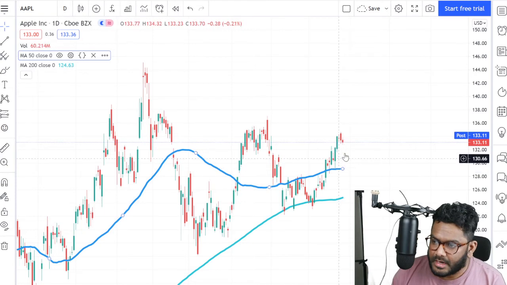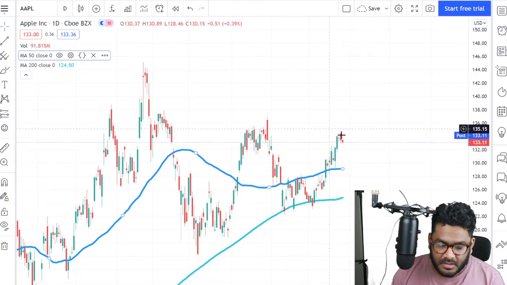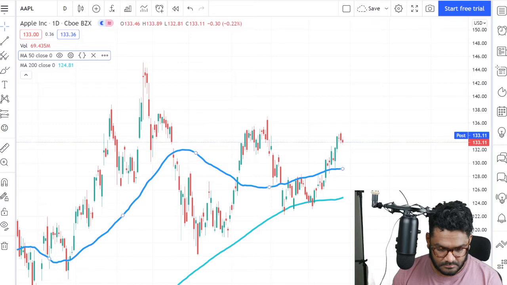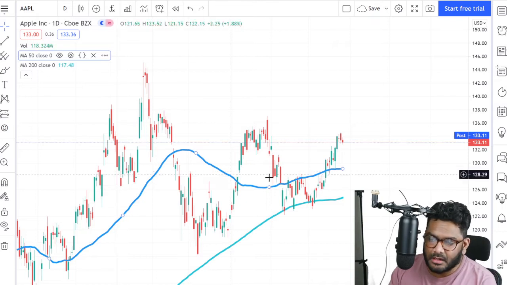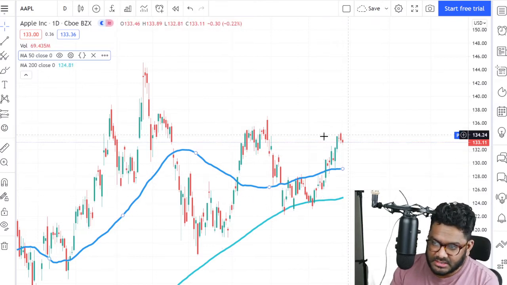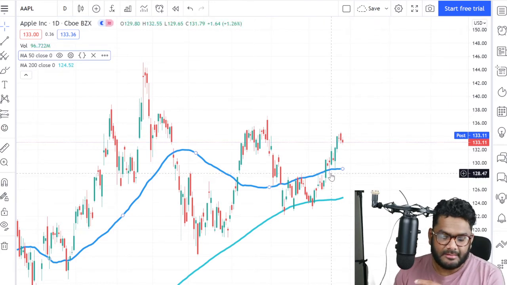Okay, all right. So the price here is above the 50 days moving average, which means if you take the last 50 days average and compare it with the share price, the current share price is higher than the 50 days moving average.